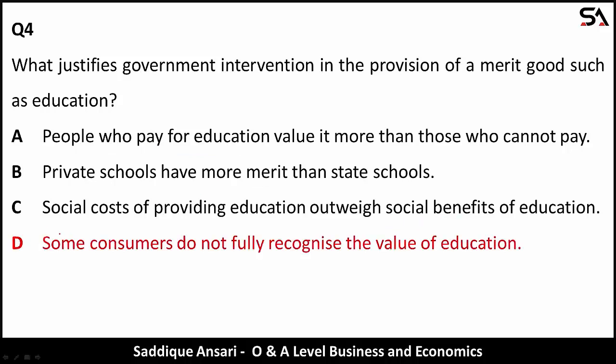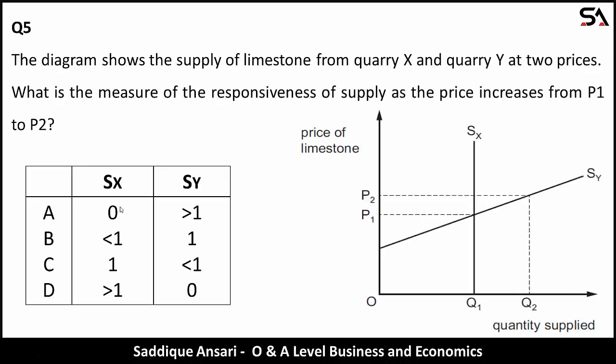Let's move to the next question. So in this MCQ, even if the price changes from P1 to P2 for SX, quantity supplied will not change. It will remain fixed. It's a fixed supply.